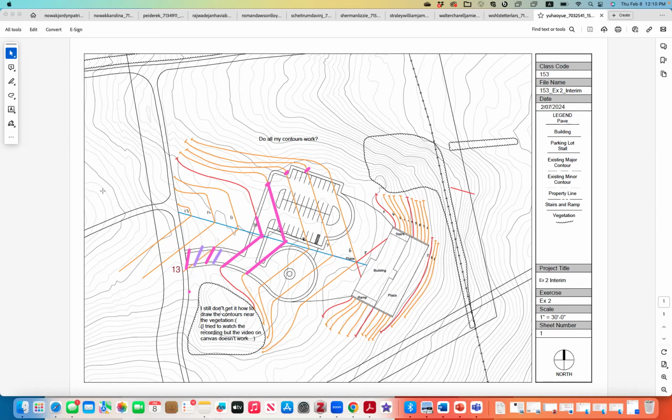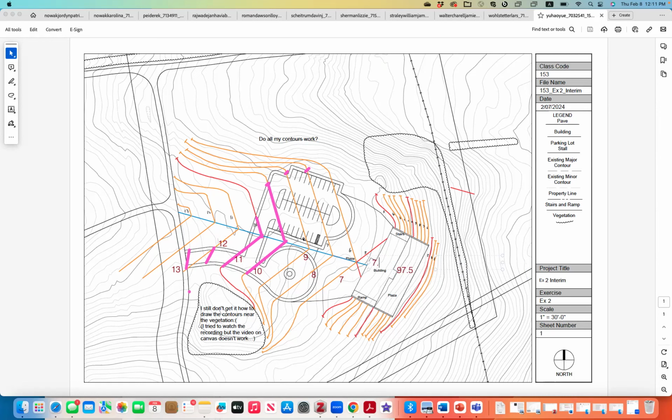If we use the 2% slope all the way, we have 13 and then we have 12 over here, 11, and 9, 8, 7. We're at 7 and the bottom would be about 97.5.